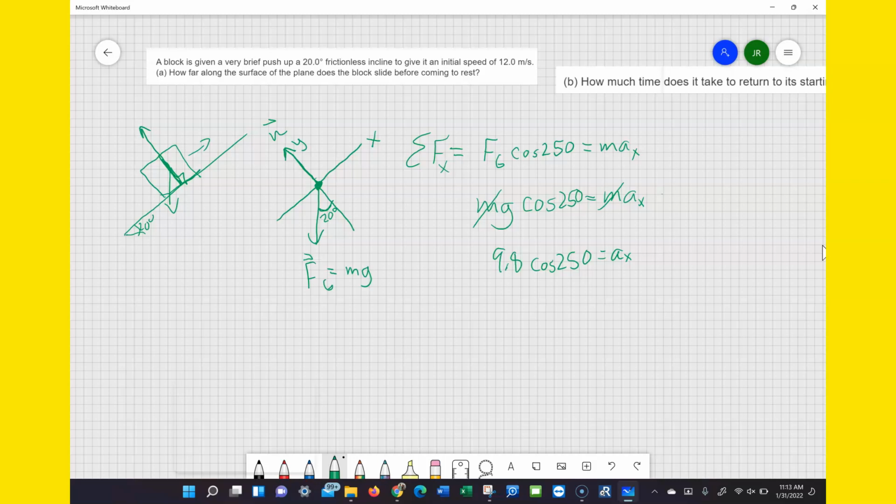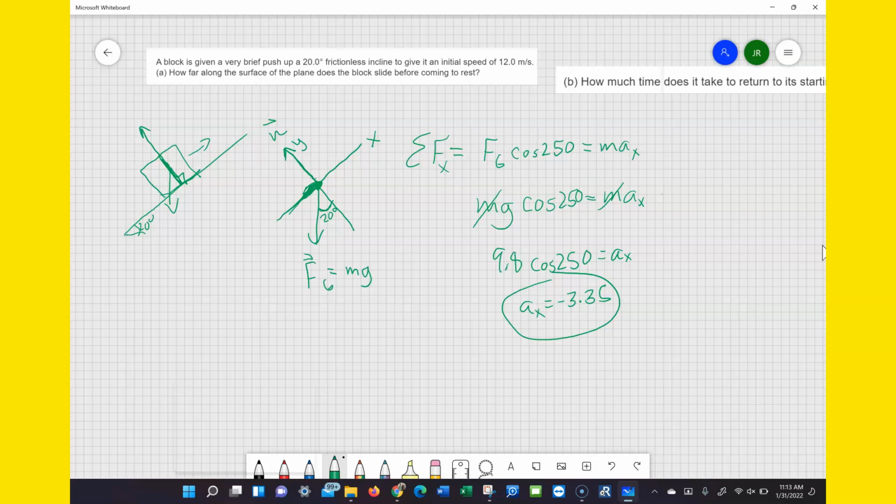I get negative 3.35. Okay. That makes sense that it would be pointing in the negative x direction, right? Because the acceleration is pointing down the ramp, obviously.